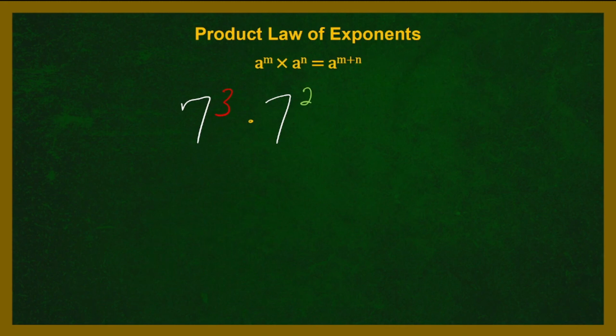Well, the law states that when your bases are the same, which they are, you add the exponents. So we have 7 raised to 3 plus 2, and that gives us a solution of 7 to the 5th power.